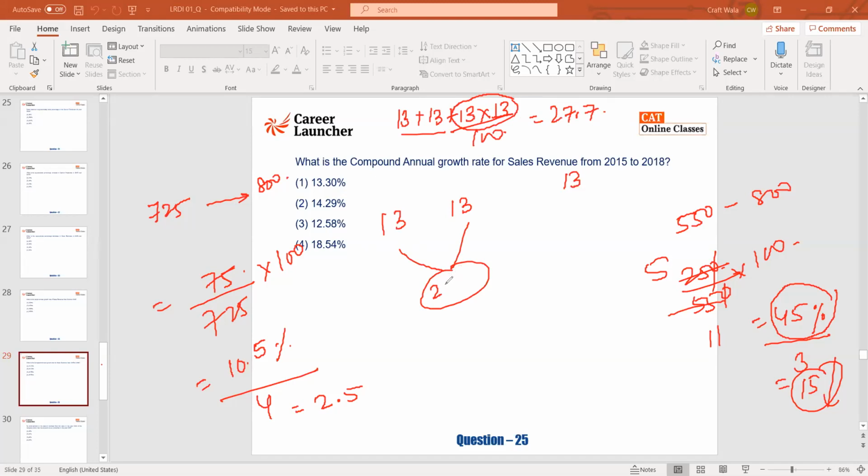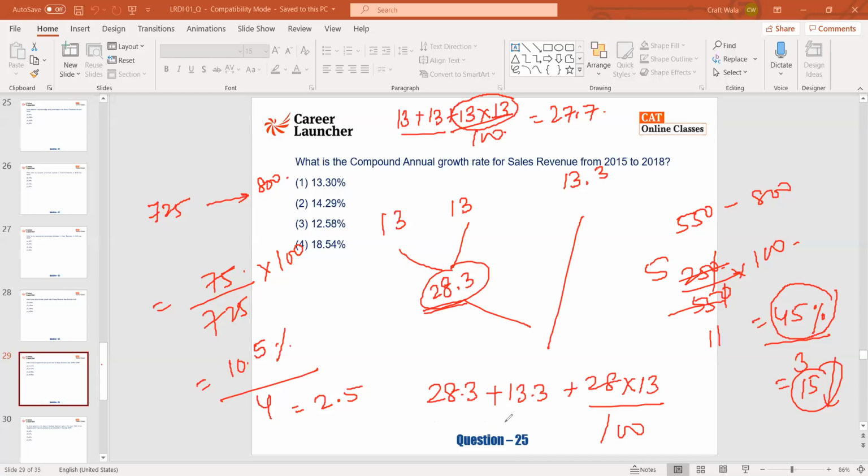So somewhere around 28 I'll get from this. More than 28 you might be getting, the exact value you might be getting 28.4 or something. So I'll get approximately 28. Now let's combine this 28 with last 13.3. So 28.3 plus 13.3 plus 28 into 13 upon 100.